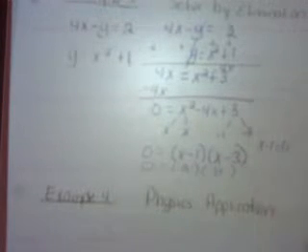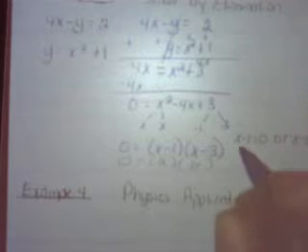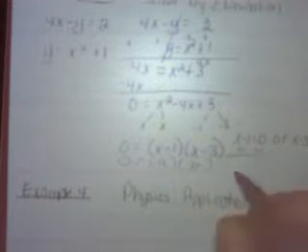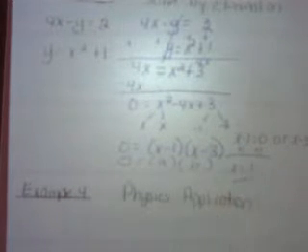Therefore, my a has to be 0 or my b has to be 0. So I would say x minus 1 equals 0 or x minus 3 equals 0. Add 1 to each side, so x equals 1. There's one solution. Add 3 to each side, so x equals 3. There's your second solution.